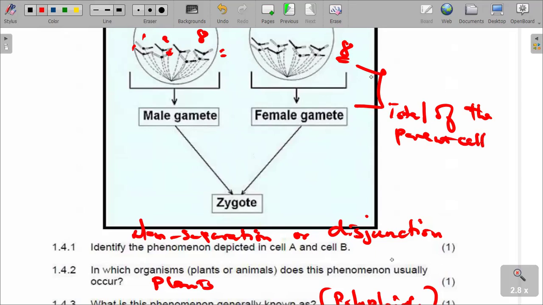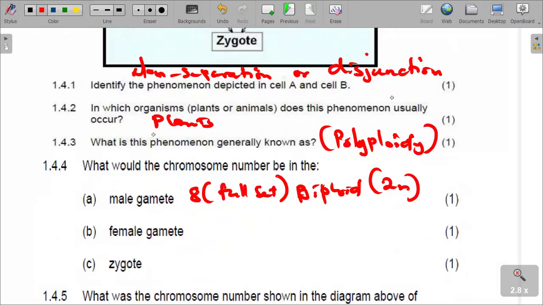The parent cell has 80, and then the daughter cell, which is the gamete, also has the total number, which is 80, and it also has 80 there. So the number 80 remains there. We also have the same answer. It is diploid. It is also 2n. Any of that can be correct.